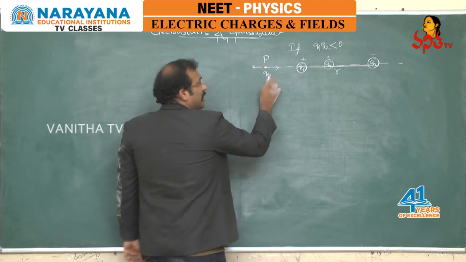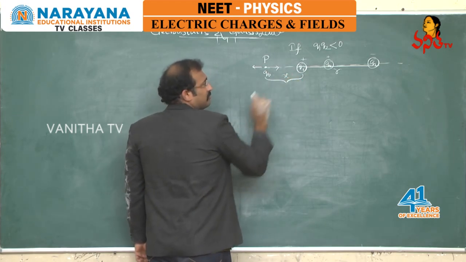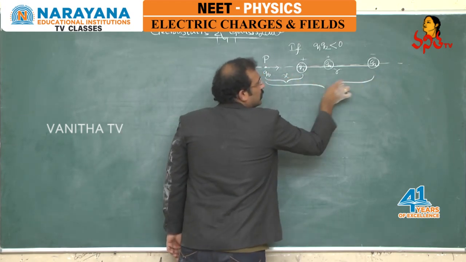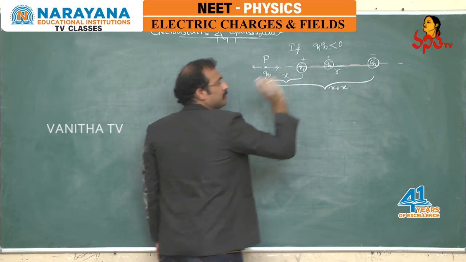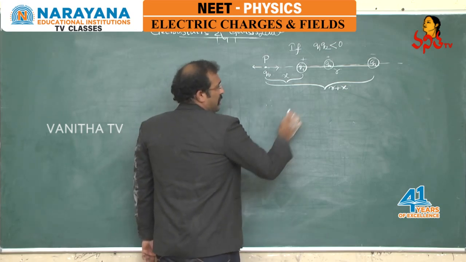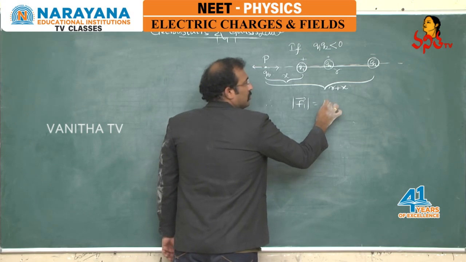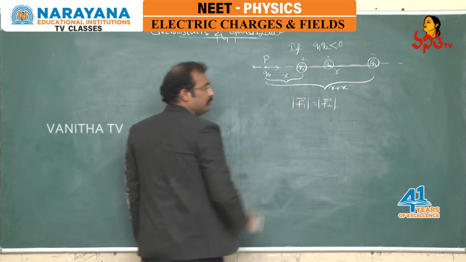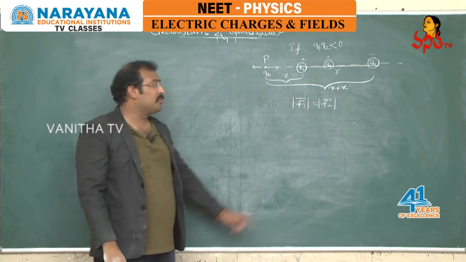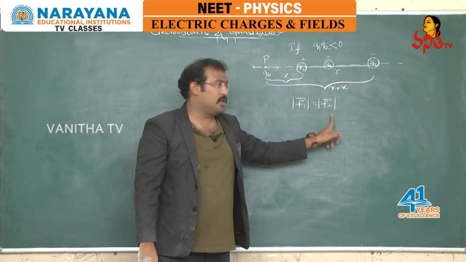Now let us assume that the distance of this test charge from q1 is x, from q2 it will become r plus x. Then the magnitudes of these forces upon q naught due to q1 and q2 are equal.